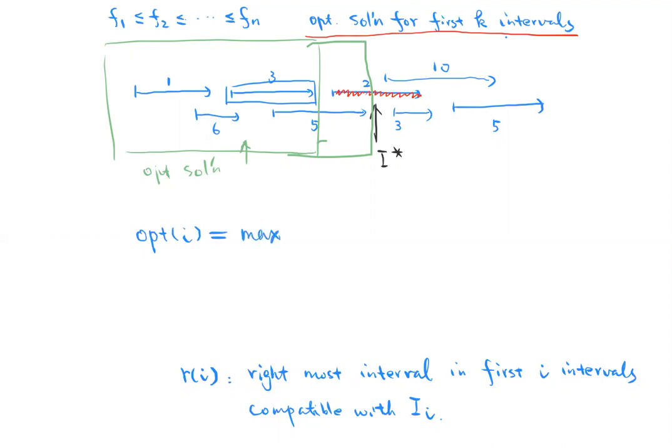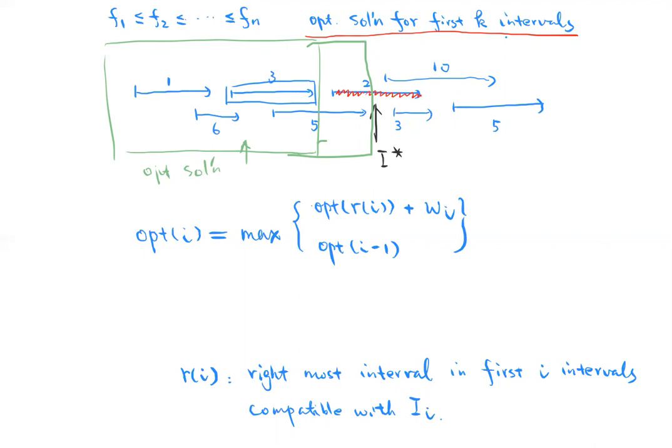It's the maximum of OPT(R(i)), the rightmost one compatible with the ith interval, plus the weight, and then OPT(i minus 1). So that's the recurrence we obtain.